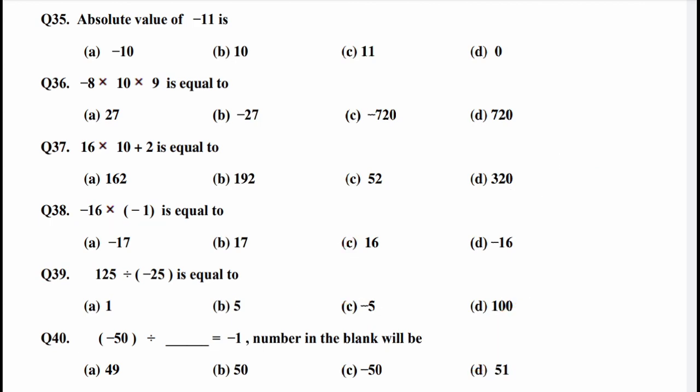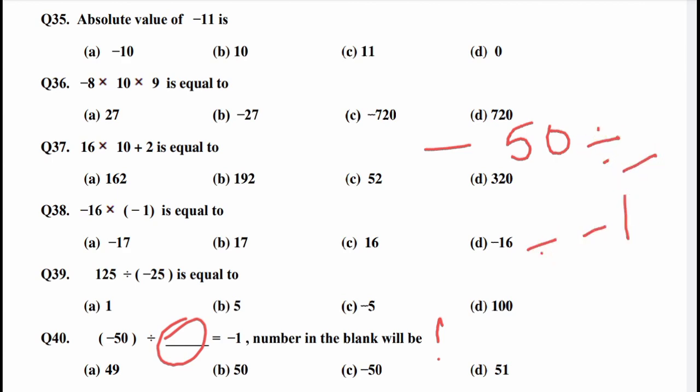Question number 40. -50 divided by dash is equal to -1. The number in the blank will be what? You have to find the answer for this blank: -50 divided by what is equal to -1. First we take 49. By dividing by 49 we will not get -1, so it is wrong.